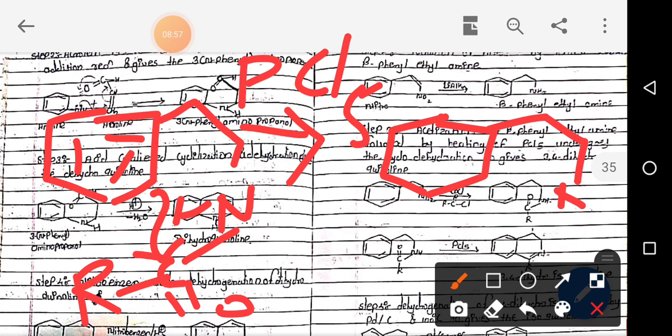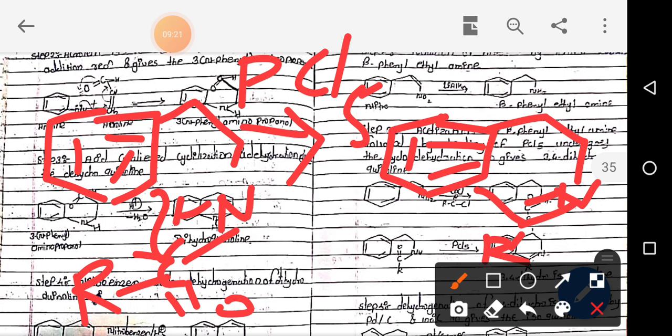One is the nitrogen ring, and another one is this ring. So this is the cyclized ring, and here is the R group. So this is the intermediate of this reaction.